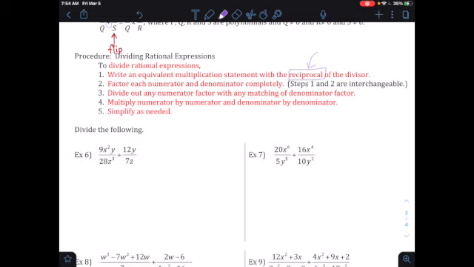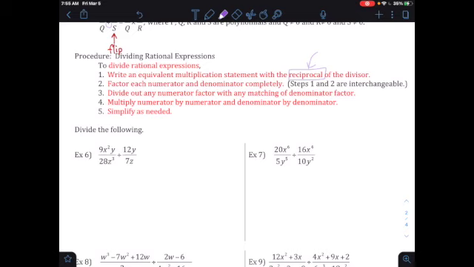So you can do factoring first, then flip, or you can do flip first, then factoring. Number 3, divide out any numerator factors and the matching denominator. That's the one-to-one canceling. Number 4, multiply numerator by numerator and denominator by denominator. That's multiplying across. And then simplify if needed. Just like me forgetting to cancel one more thing, you can definitely simplify more.